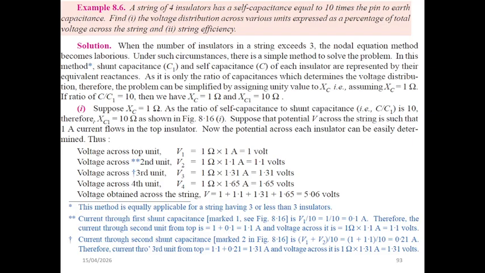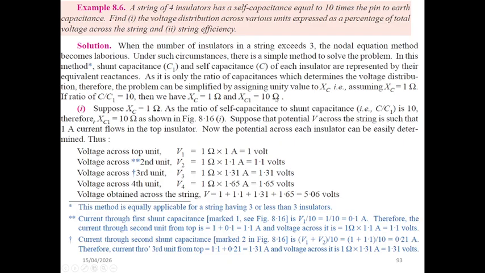So by using reactance for the self-capacitance, XSC is equal to 1 ohm, since only the ratio of capacitance affects the results. And based on the given ratio, the shunt capacitive reactance XC1 becomes 10 ohm.